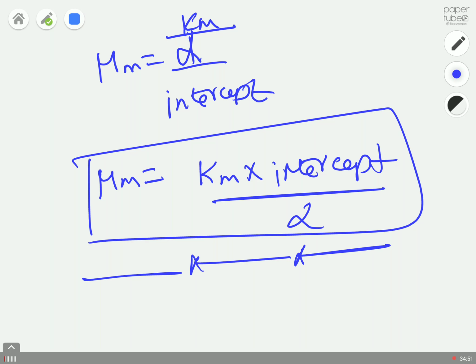And then next I'm going to solve one problem related to microbial kinetics, and then I will solve maybe two problems related to mass balance.